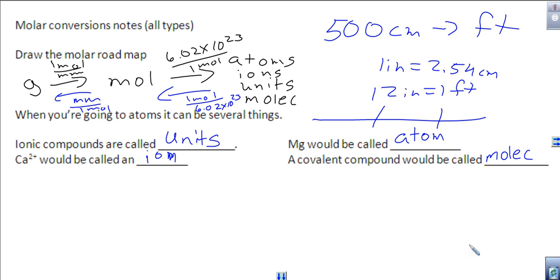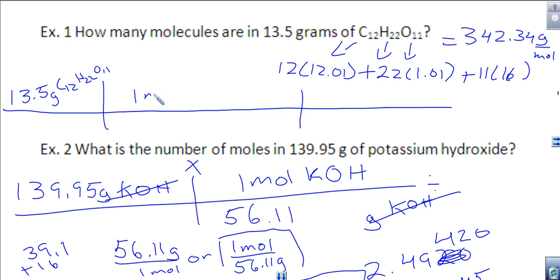And to do that, I divide by the molar mass and multiply by 1 mole. So I put 1 mole C12H22O11 and divide by 342.34 grams C12H22O11. So right now we just did another example 2.